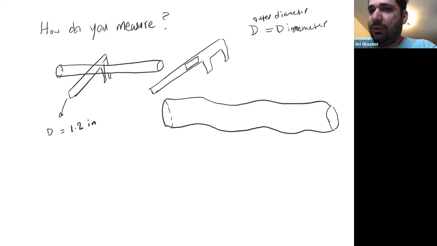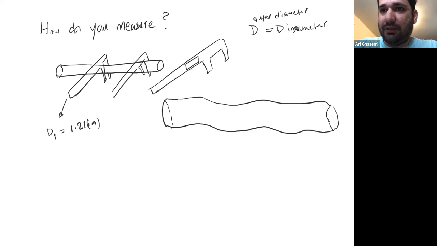So what I would do, when I take the first measurement, let's call this D1, is 1.2, and let's say I put another one here, 1.21 inches, right? Then I take this caliper and measure somewhere else. And then I read it. And this is going to be my D2.